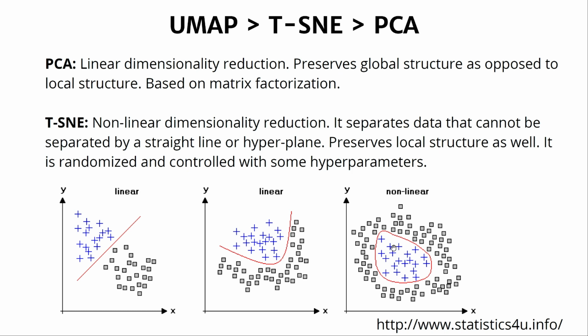There is no way you can apply some linear combination in order to separate these points effectively. It preserves local structure as well. That's the advantage with t-SNE. The thing with the t-SNE algorithm is there is a little bit of randomization, and you can control how the algorithm performs with hyperparameters. So you can change different hyperparameters and get different output every time.